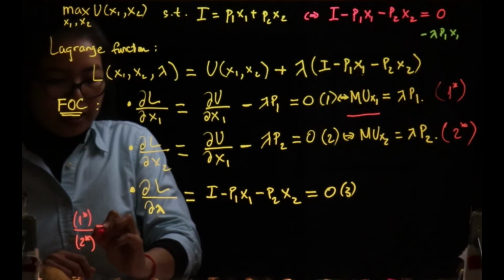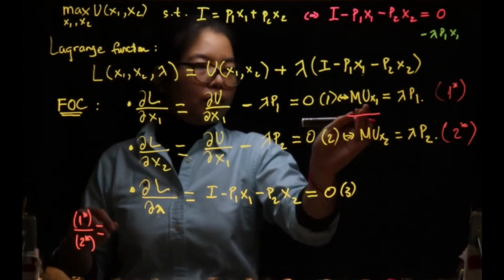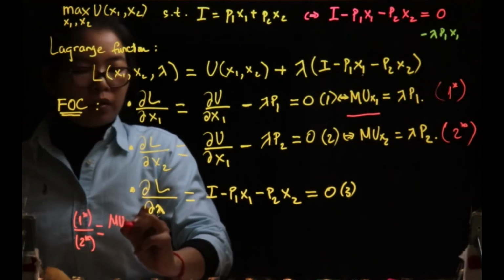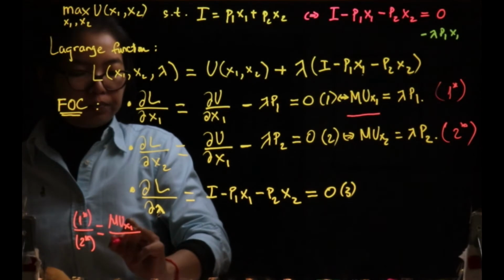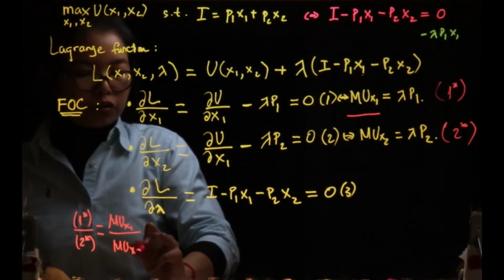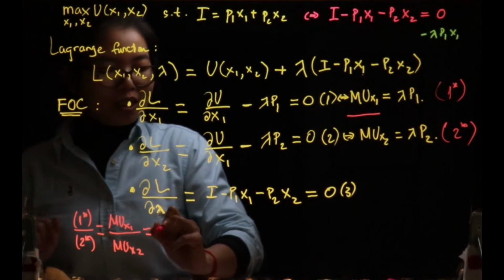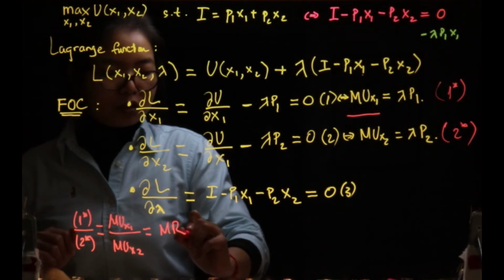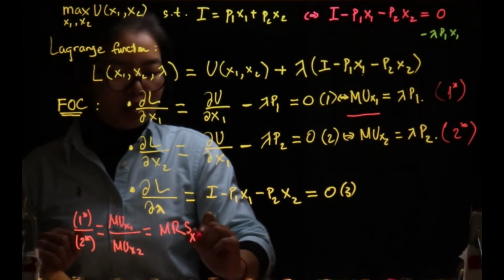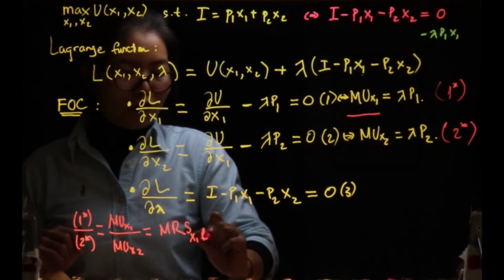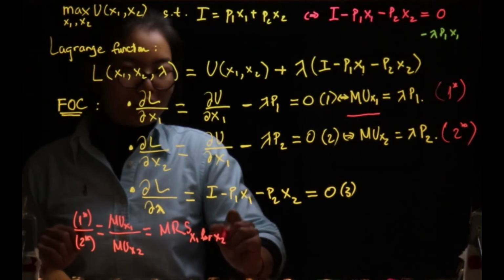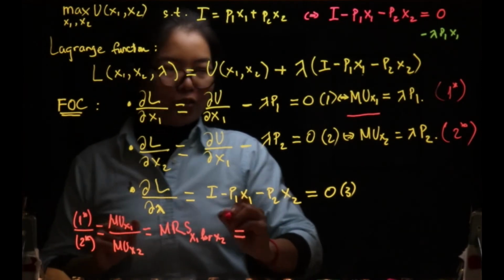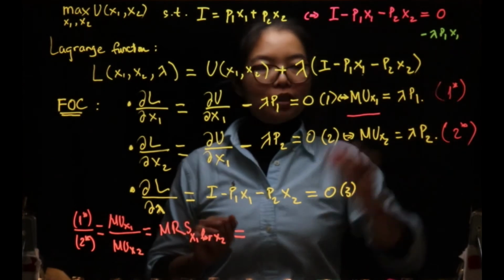On the left hand side we have MU x1 over MU x2, which is exactly the marginal rate of substitution of x1 for x2 that we have seen, right? Now comes the right hand side.